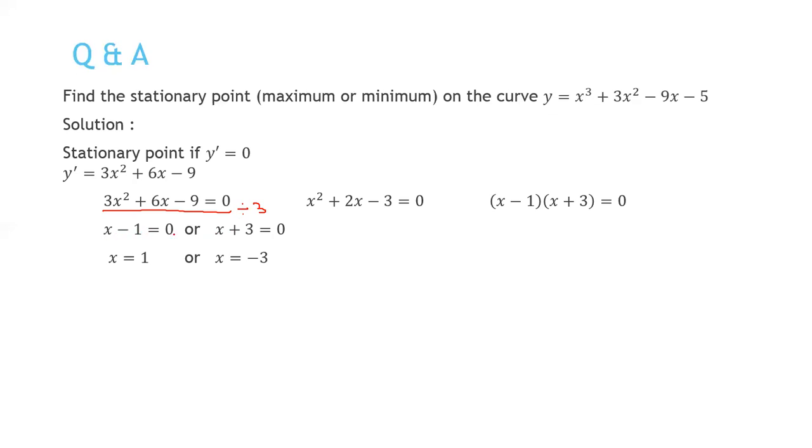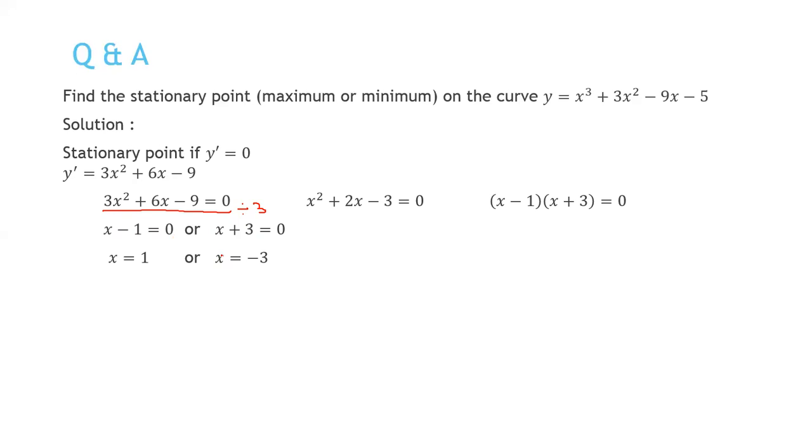If x minus 1 equals 0, then x equals 1. If x plus 3 equals 0, then x equals negative 3. So there are two stationary points, x equals 1 and x equals negative 3.